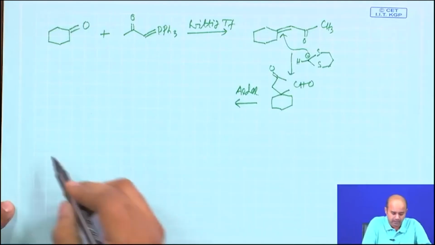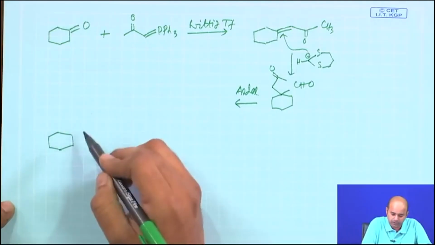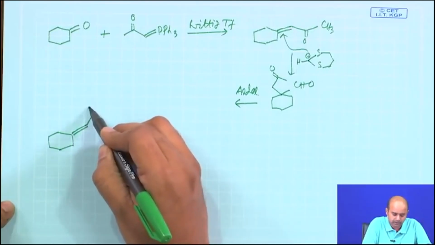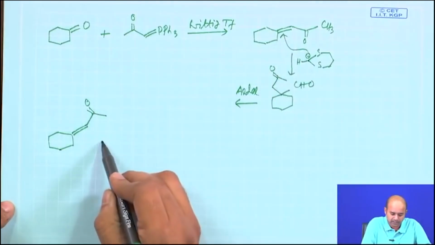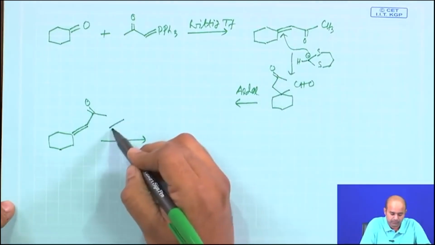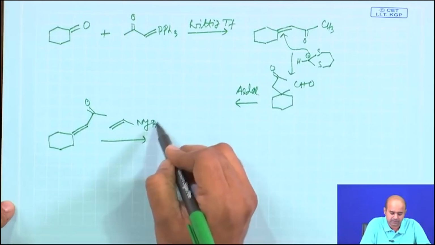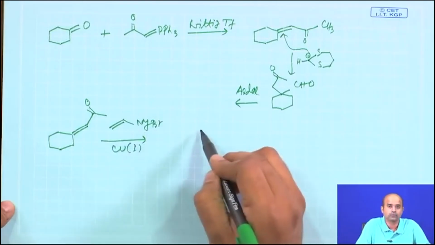There is another way you can do it. Let us see, you have cyclohexanone, you have already converted this to the corresponding compound, the same compound. I said you have to introduce an aldehyde here. What we will do? We will try a vinyl magnesium bromide reaction in the presence of copper to make it 1,4.